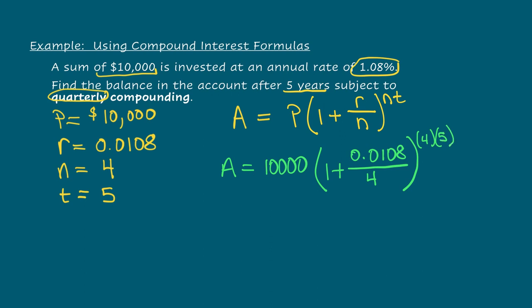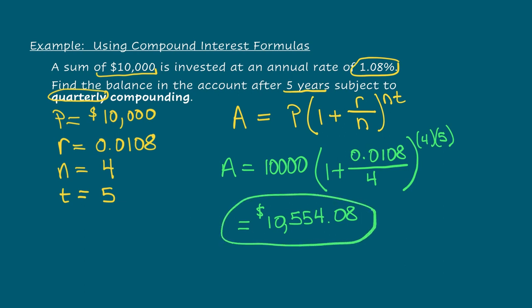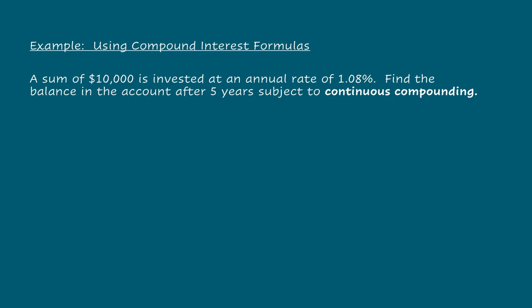I can plug all of that into my calculator, and I come out with $10,554.08. So after 5 years, subject to quarterly compounding, I end up with $10,554.08.